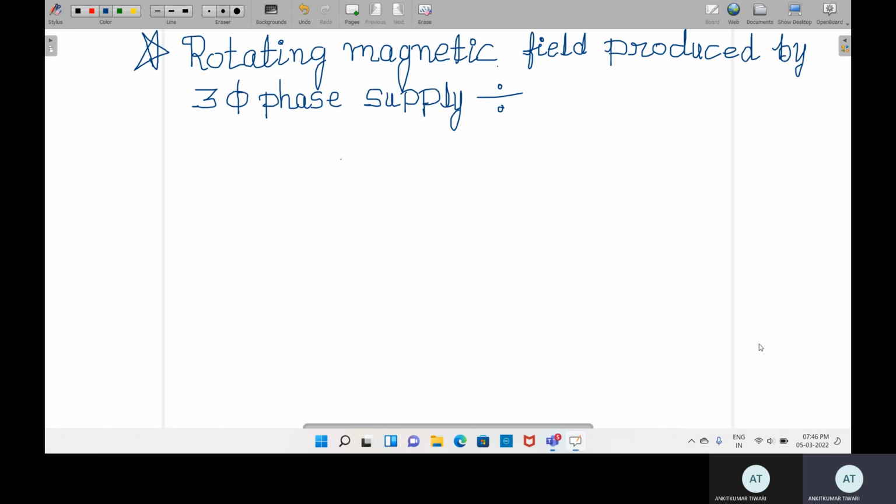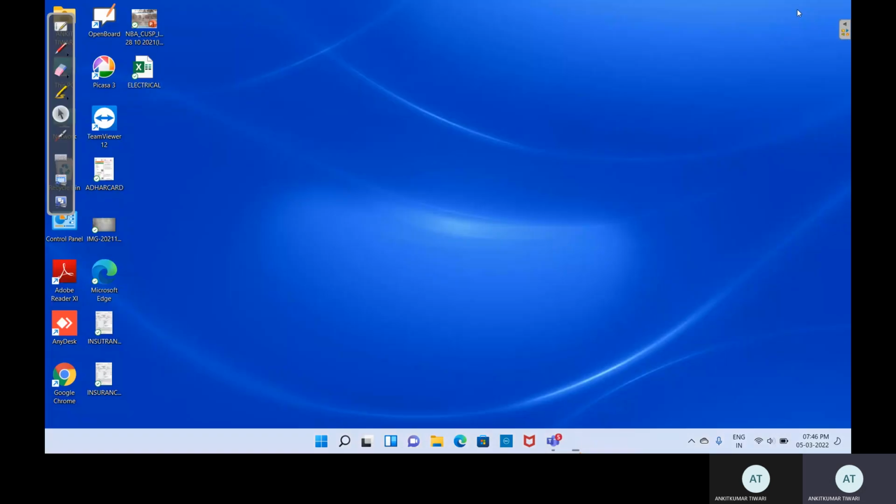So first of all, we will draw the three-phase system. The three-phase system can be drawn in two different ways, as we know. The first one is the star connection. The second one is the delta connection. So we draw the star connection for the three-phase system.